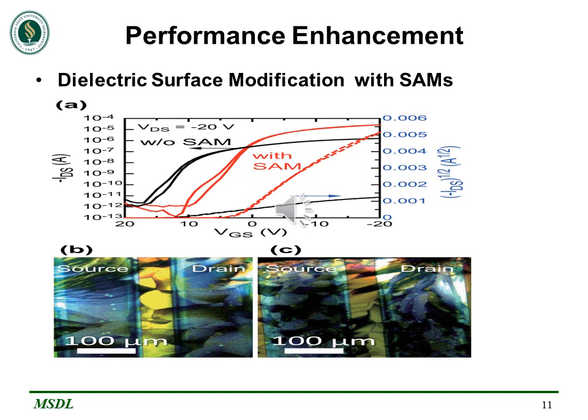So here we have a graph of the dielectric surface modification with the self-assembled monolayers. These are basically transfer characteristics of fabricated thin film transistors. The black line in this graph represents the transfer curve for the device without the self-assembled monolayer treatment, and the red lines, as you can see, represent the devices with self-assembled monolayers.